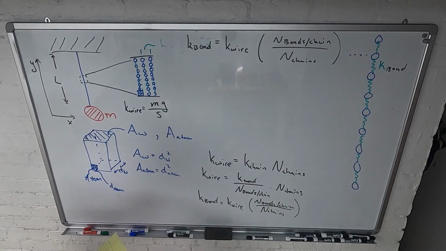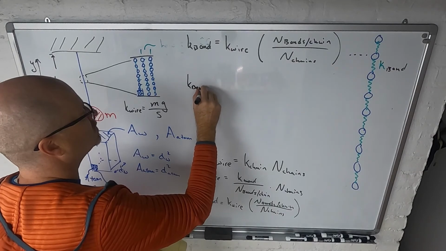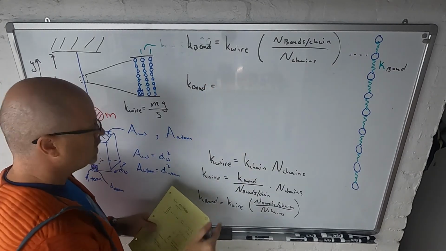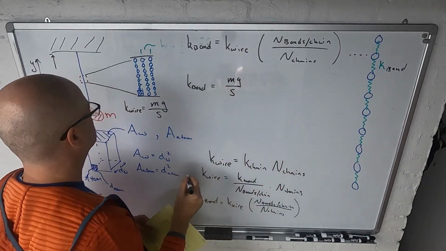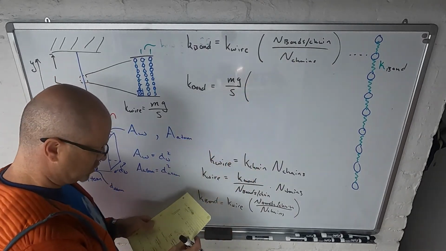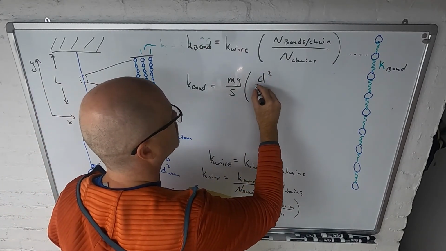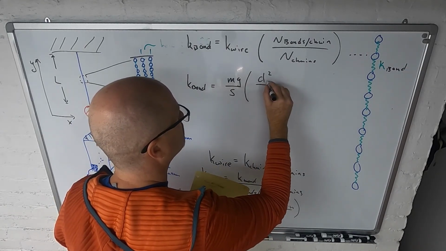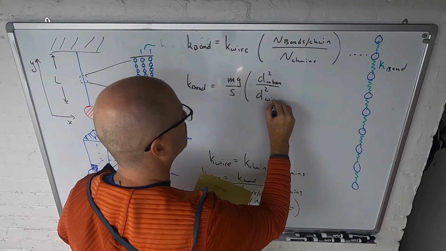How many of these exist? Well, if we fill all that in, K of a bond is going to be equal to, well, mg divided by the stretch of the wire times, okay, number of bonds per chain, we wrote that down before. That's going to be d squared of an atom divided by d squared of the wire.